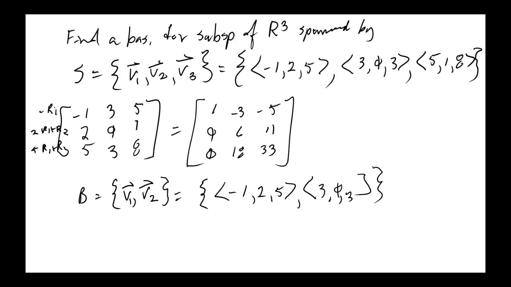So that's why B1, B2, and B4 are linearly independent, because you see they have leading ones. B3 doesn't have a leading one anywhere in it, so therefore it can be written as a combination of the others.